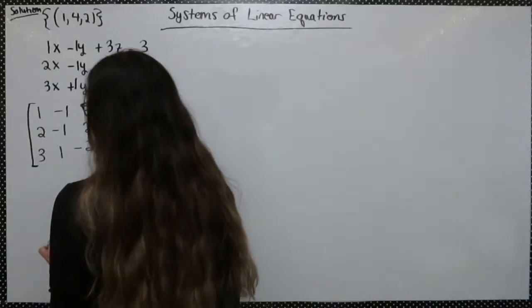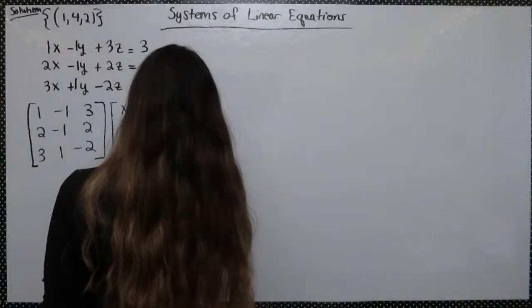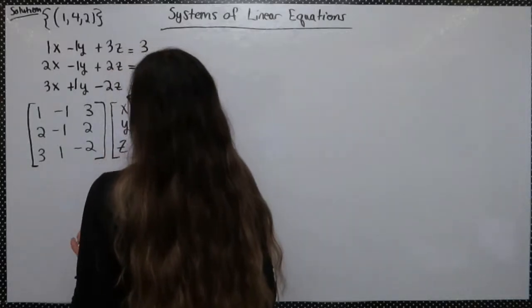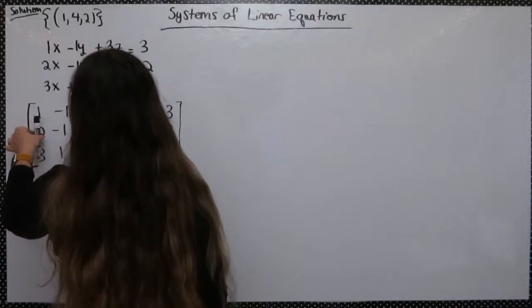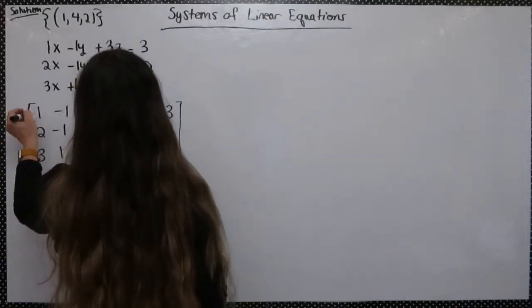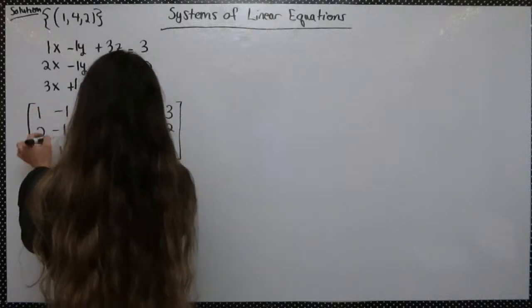So the very first thing that we have to do is find the minors. So it's a matrix of minors. You find the matrix of minors by crossing out the row and column that your position is working on, and then it's the resulting matrix.